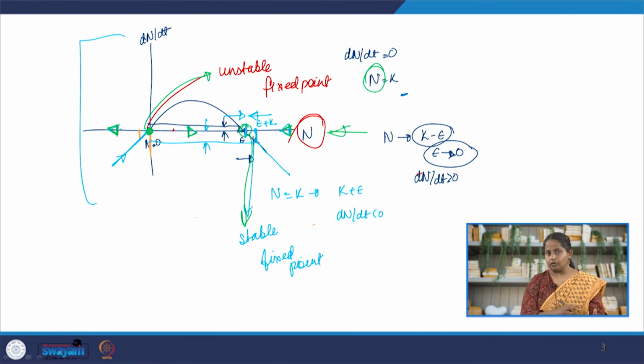So our flow lines are horizontal, and we know that on the right side of n equal to 0, the flow line is pointing towards the right side. On the left side of 0, the flow line is moving towards the left, unstable fixed point. And around the n equal to k fixed point, the flow lines are moving towards the fixed point. And notice this is a one-dimensional model, so the phase portrait, the flow lines are also one-dimensional.